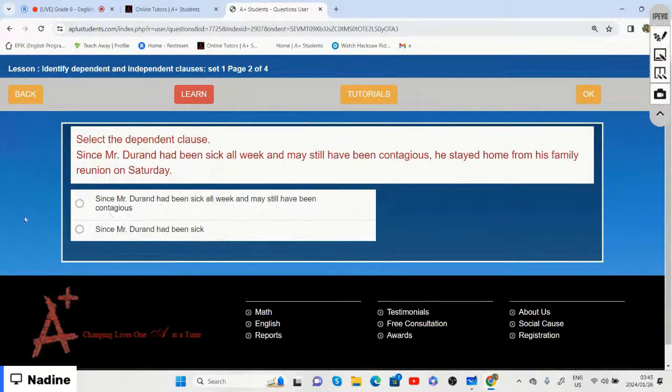Which one is the dependent clause? Is it option one or option two?